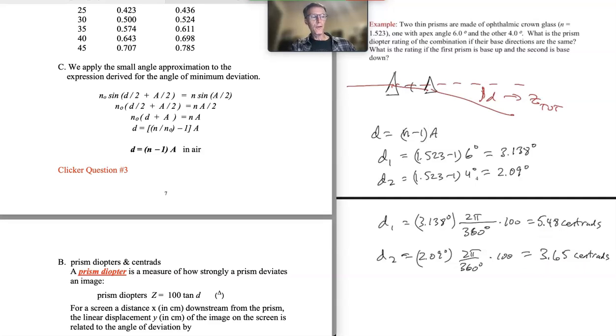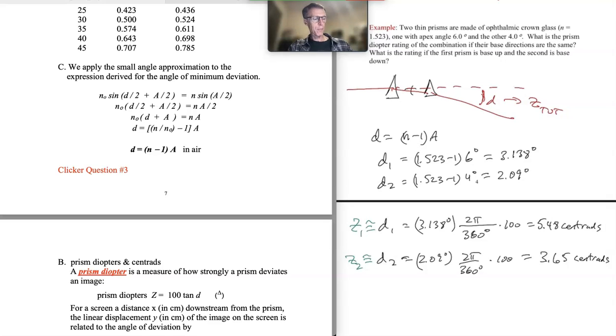And so the reason for doing that is, remember, for thin prisms, in the small angle approximation, the deviation angle in centirads is equal to the prism power, or at least approximately equal. So once I know the prism powers, then to find the total power, I just add them together, right?